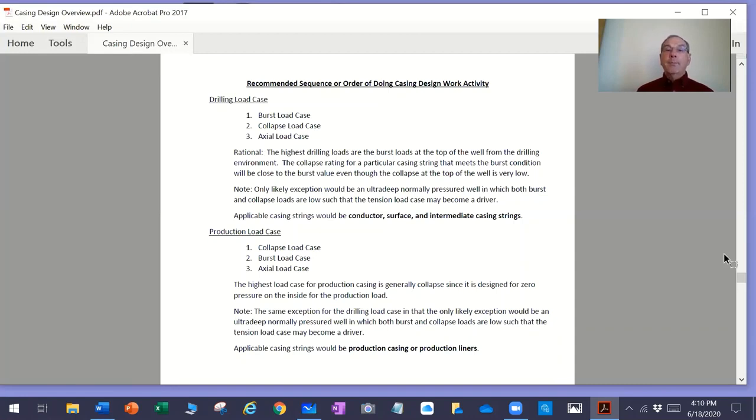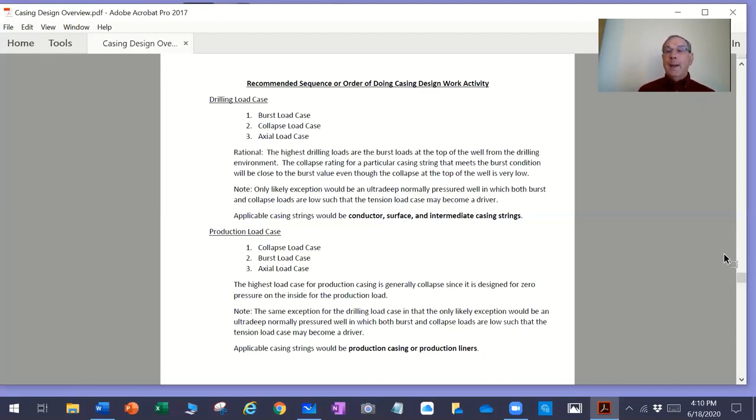So the values for collapse, if you look at the casing strength chart, are generally pretty close to the burst loads. And the collapse loads for drilling are actually very low anyway. They're a lot less than burst loads. So generally speaking, it's suggested to do burst first, then check collapse, and then check axial loads.